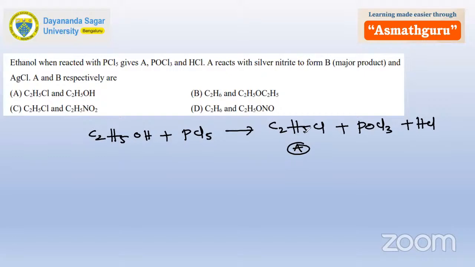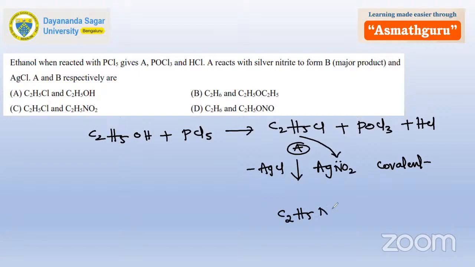Then A reacts with silver nitrite, AgNO2. AgNO2 is a covalent compound, so ion exchange will not take place. Nitrogen carries a lone pair, so the bond is formed through nitrogen. AgCl is removed and you get C2H5NO2, nitroethane. So this is B. What is the option then? C2H5Cl and C2H5NO2. C is the option.